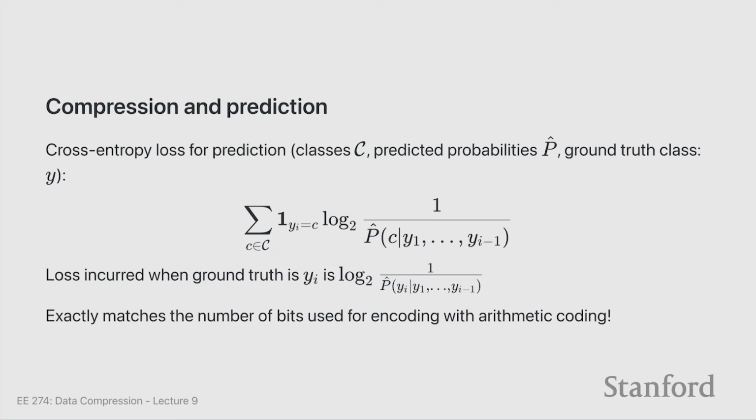Most of the predictors actually give you a probability. So they give, say, 90% cat, 10% dog, 10% cow, right? And then you evaluate the model according to this loss function.